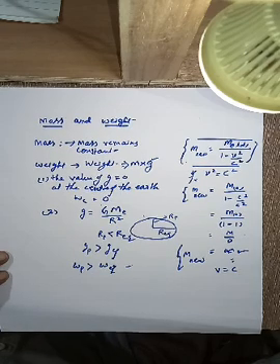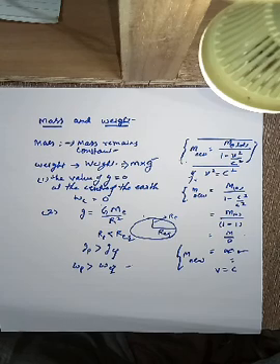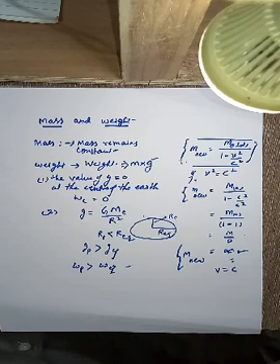It will exist even though weight is 0. For example, if a falling body is there under the action of gravity, at that time the weight is 0, right? Because the net force acting on that body during free fall, at that time the weight becomes 0. So the weight is 0, but the mass is not 0.